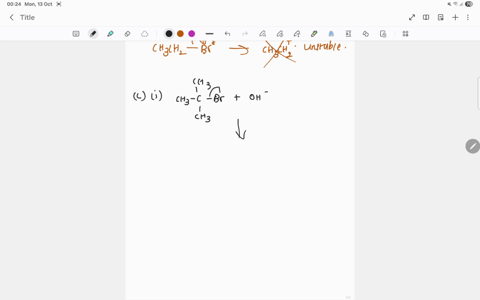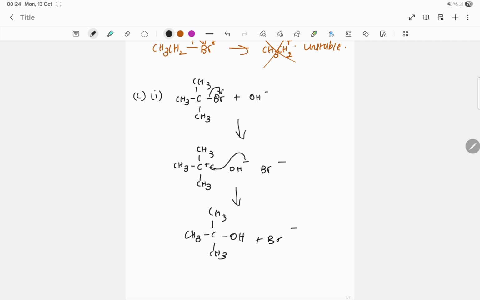First, this is how you draw the mechanism: (CH3)3C plus, now plus will be there, plus Br minus, OH minus is there. Leave the Br minus aside because OH minus will attack it and form (CH3)3COH, and Br minus will be a byproduct.